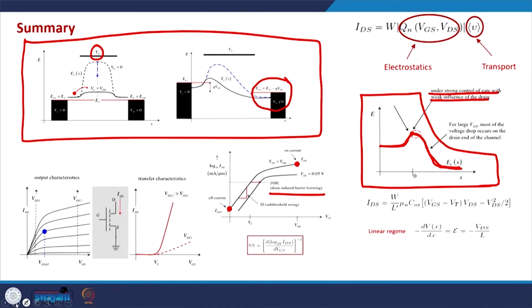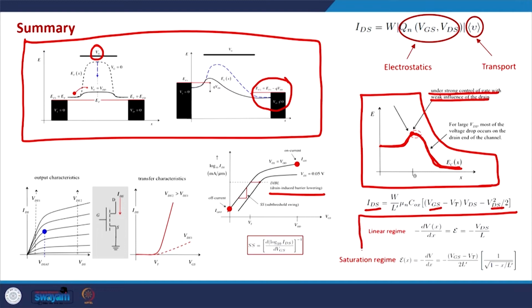So, we have seen the subthreshold swing, we have seen how we traditionally define the IV characteristics of the MOSFET in terms of IDS, VDS and VGS, and how we calculate the electric field in a traditional MOSFET from the current expression. Okay.